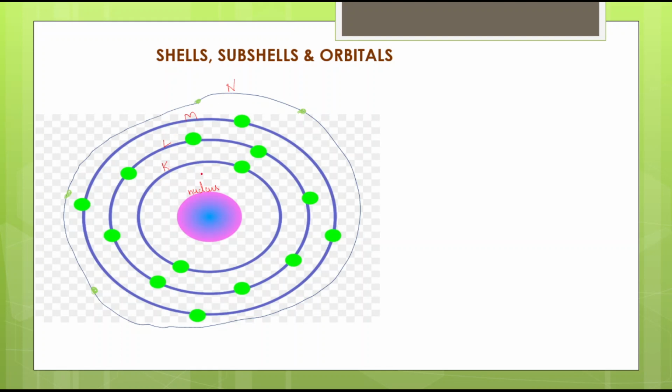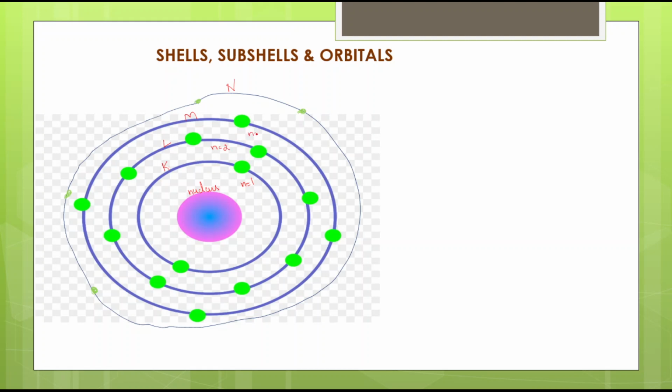And we also know that the shells are indicated by a small n. So the K shell can also be denoted as n equals 1. The L shell is denoted as n equals 2, that is the second shell.